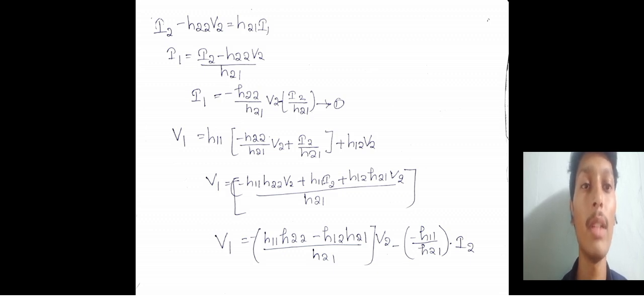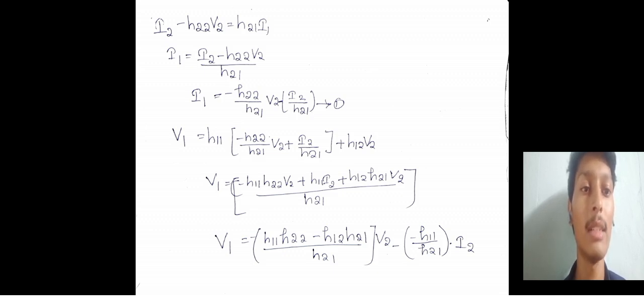Now for equation 2 we take V1 equals H11 into (minus H22 by H21 V2 plus I2 by H21) plus H12 V2. From that we get V1 equals (minus H11 H22 V2 plus H11 I2 plus H12 H21 V2) by H21. From that we take LCM.